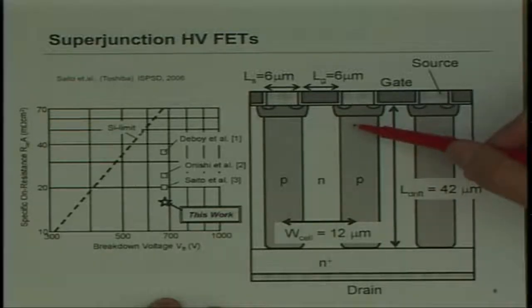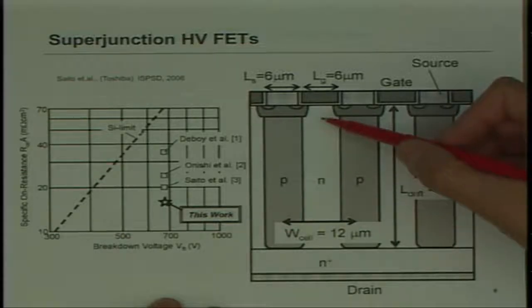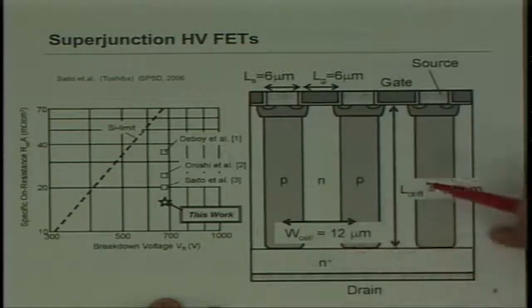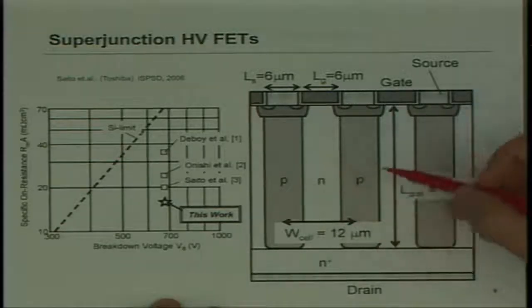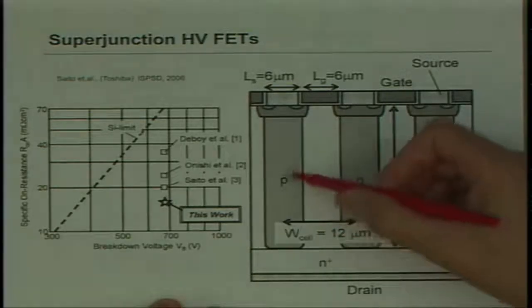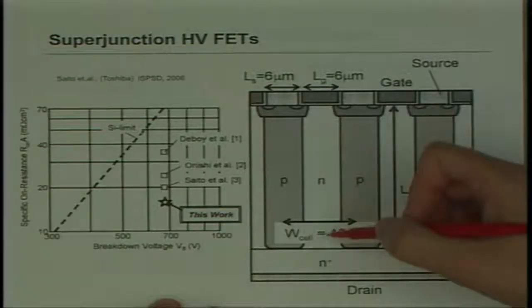Essentially, the whole point of this exercise is to reduce voltage gradients so that the silicon can support the high voltage in these very small structures. So you essentially have columns alternating of N and P material. The P kind of separates the columns of N, and this is what carries the current.